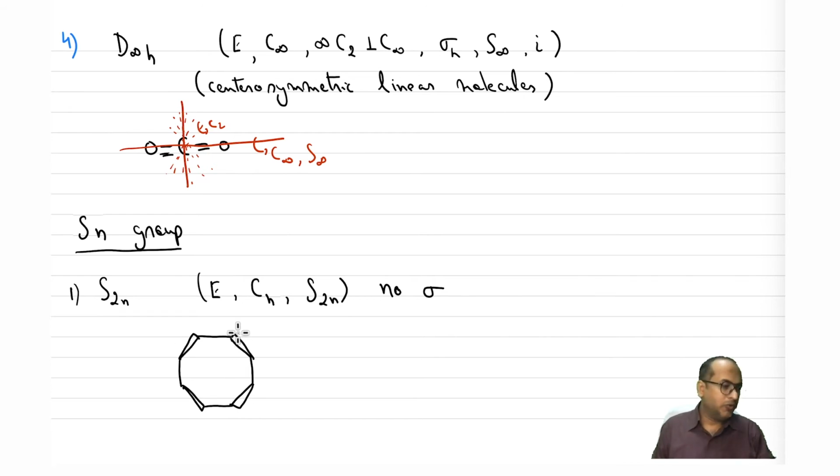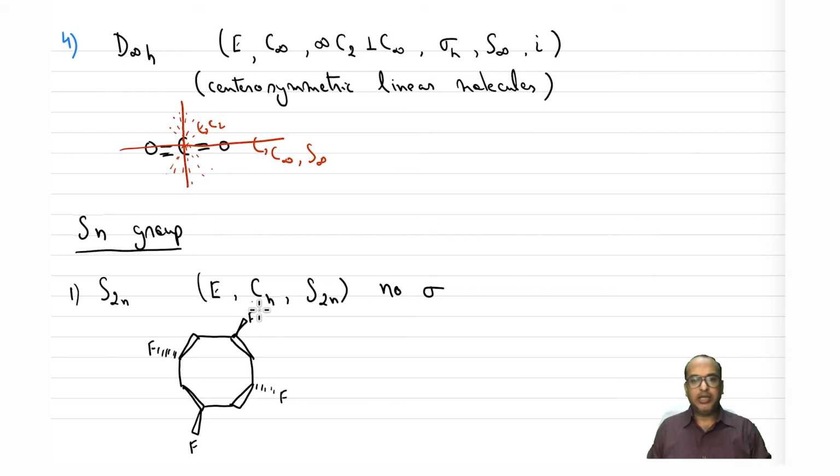And then you have four fluorine atoms attached to it, which gives it asymmetry. You can have any atom basically here. You can see now there is no sigma present, because even if you try to draw a sigma cutting, let's say, this one, you'll not be able to reflect the opposite atoms here, right? So there is no sigma, very clear.